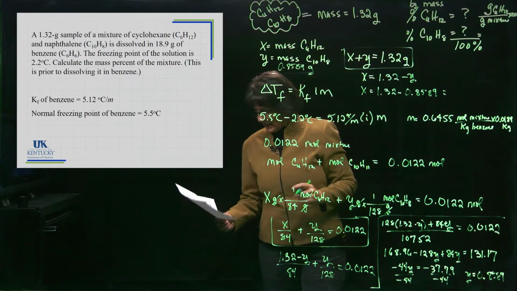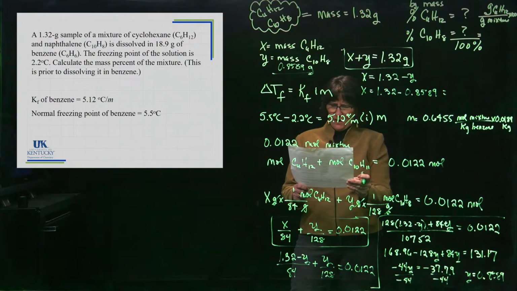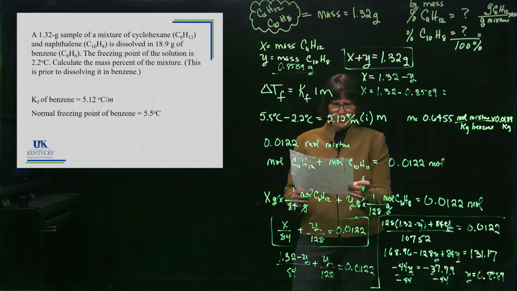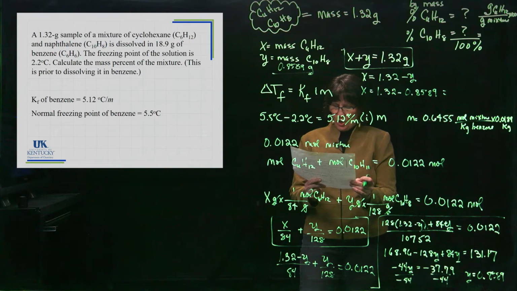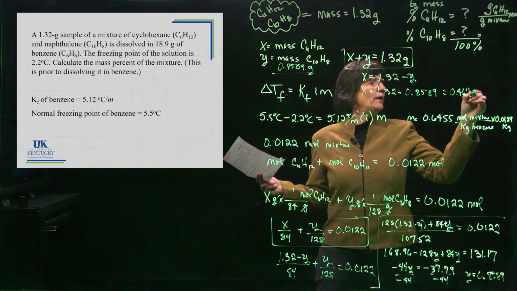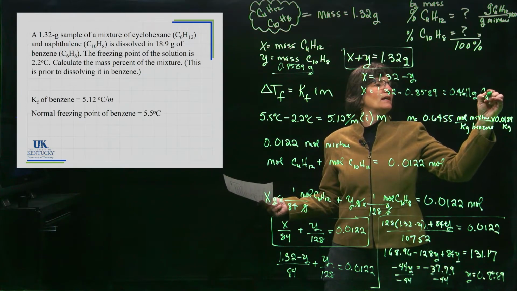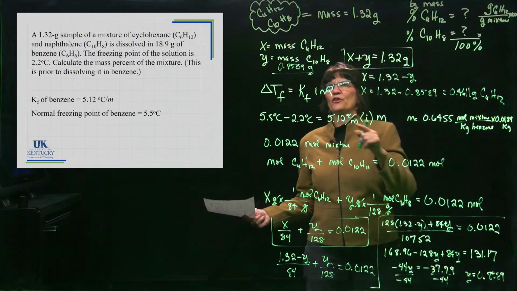And that is going to give me the amount of X. Let's see if I can find it somewhere on this piece of paper. There it is, 0.4611. So that is the grams of C6H12.